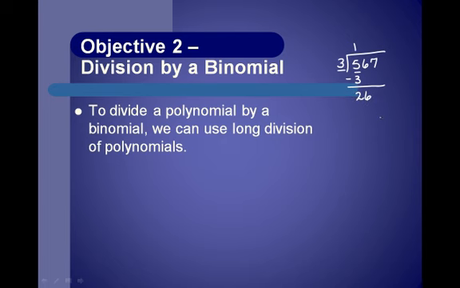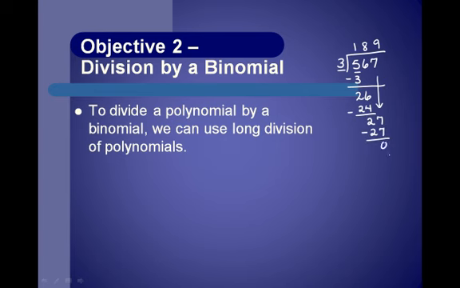Then we do it again. Divide first term, so 3 goes into 26 8 times. Multiply. 8 times 3 is 24. Subtract, we get 2. And then we bring down the next term, which is 7. Then we divide again. 3 goes into 27 9 times. 9 times 3 is 27.